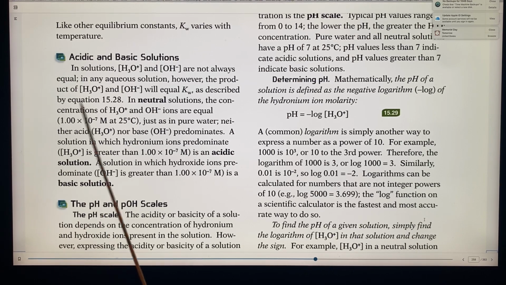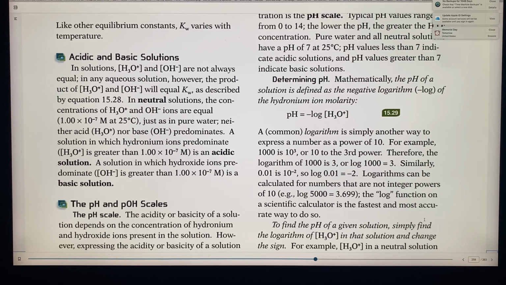When there are more hydronium ions predominating, greater than 1.00 times 10 to the negative 7th, then you're going to have an acid. If a solution has more OH, then it's going to be a basic solution. So this is what we're really doing when we're talking about pH.